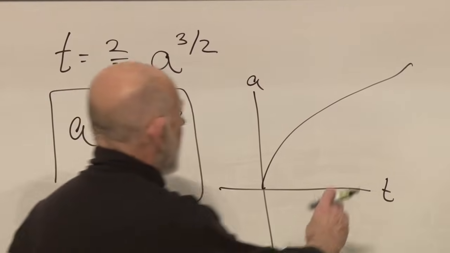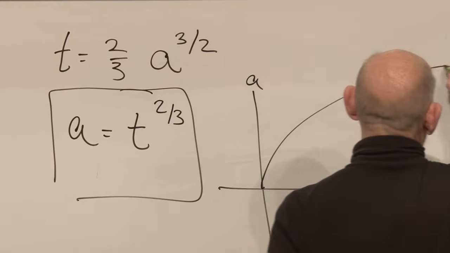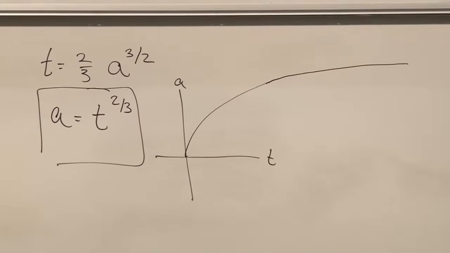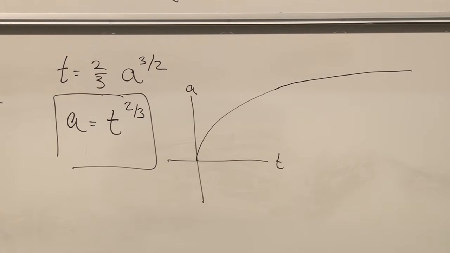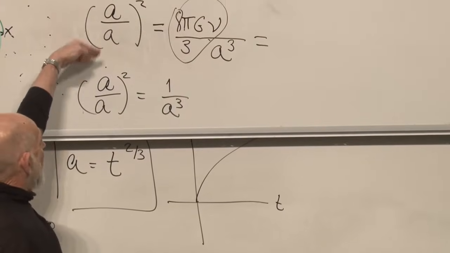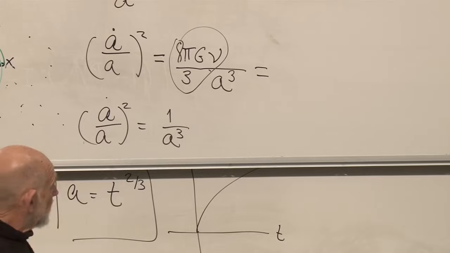And it gets flatter and flatter and flatter. The flattening of it is deceleration. The universe is decelerating, but it never comes to rest. We can see that it never comes to rest because when we look at this equation, there is no point at which a dot over a becomes 0.